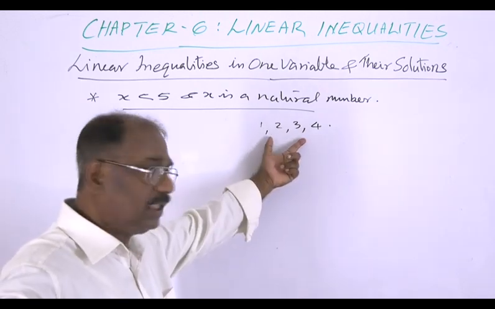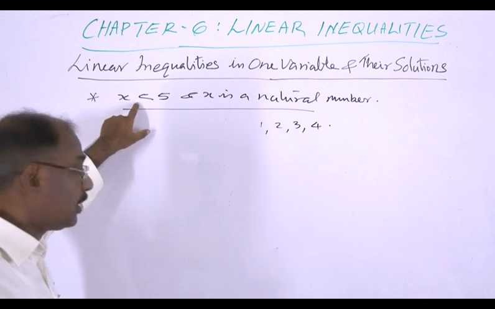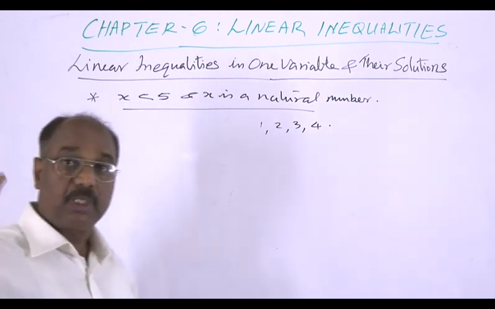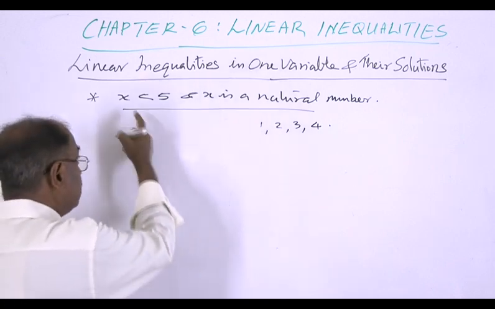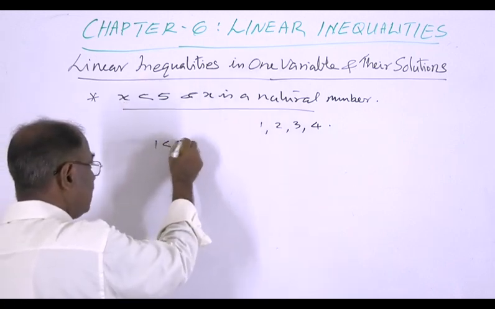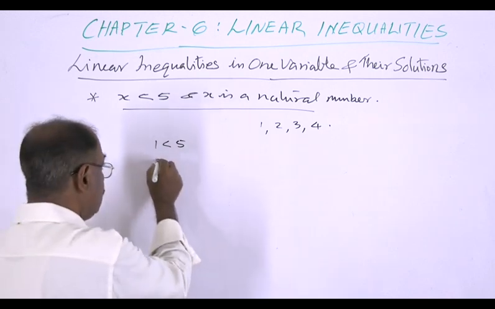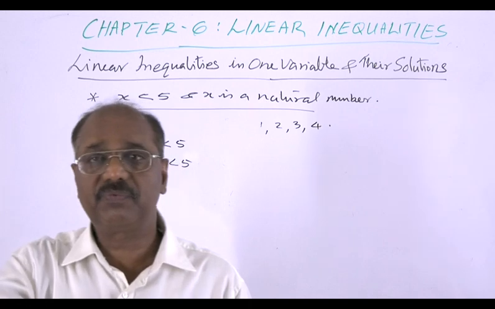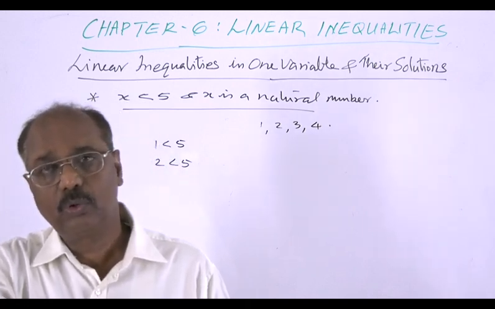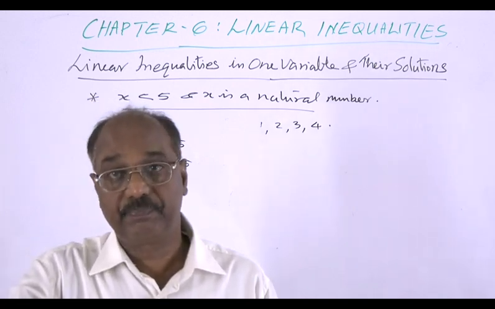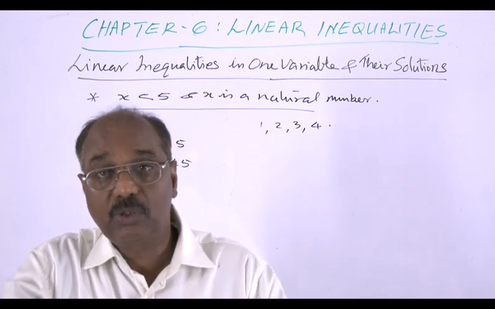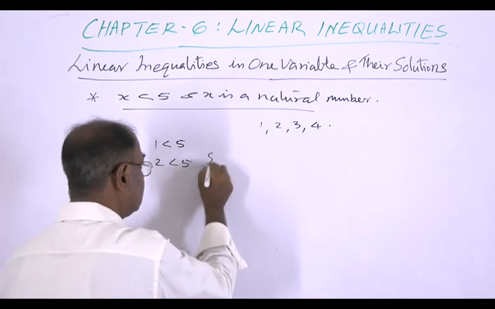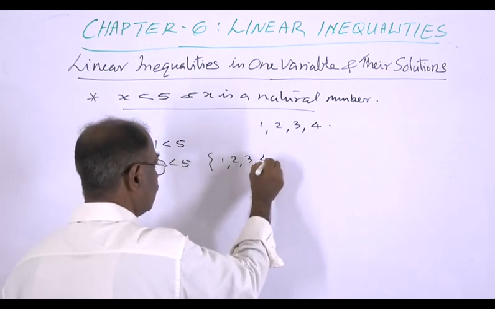When we substitute these values in the inequality, the statement becomes true: x equal to 1, 1 less than 5, true; 2 less than 5, true; 3 less than 5, true; 4 less than 5, true. So algebraically the solution set is 1, 2, 3, 4.